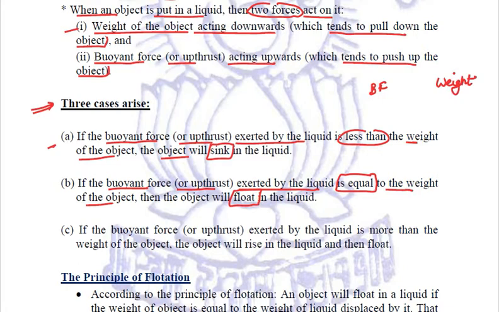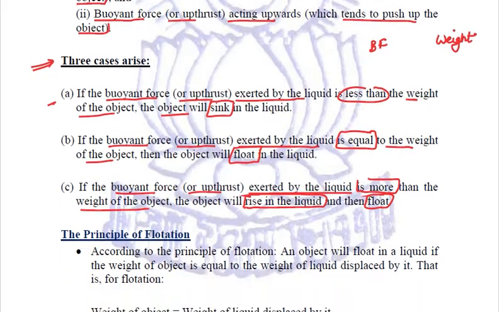And the third case is that if the buoyant force or the upthrust exerted by the liquid on that object is more than the weight of the body, then this object will rise in the liquid and then float, right? So this is why certain objects sink in a liquid whereas certain objects float over it.